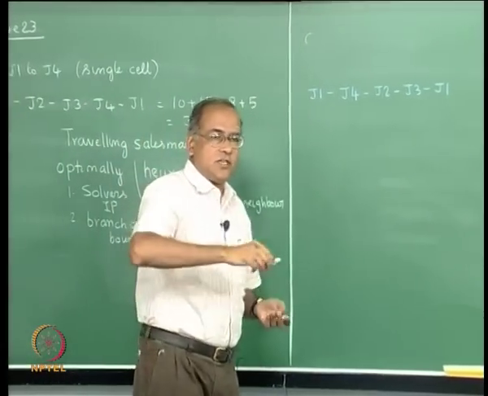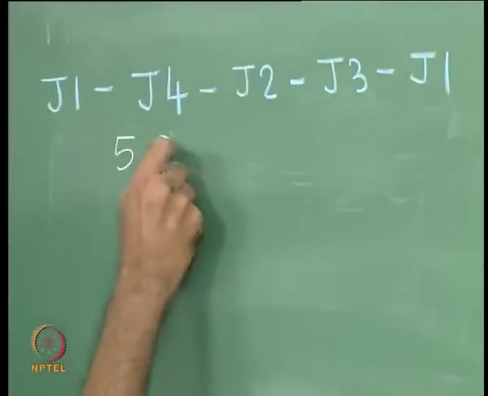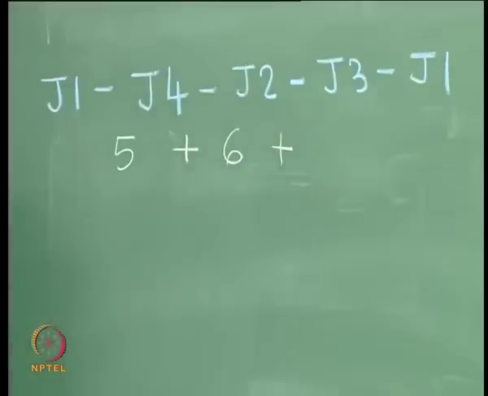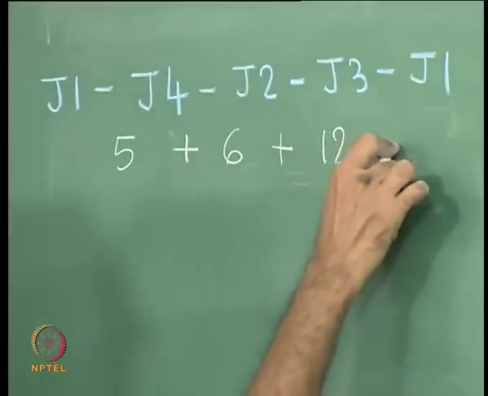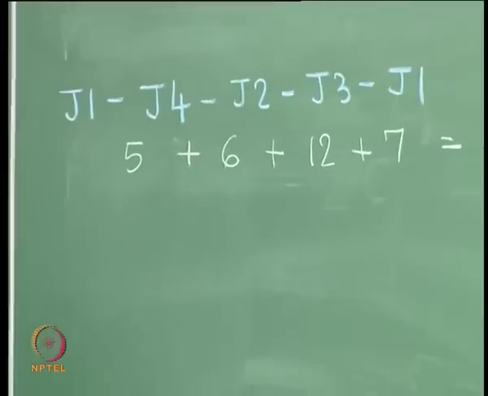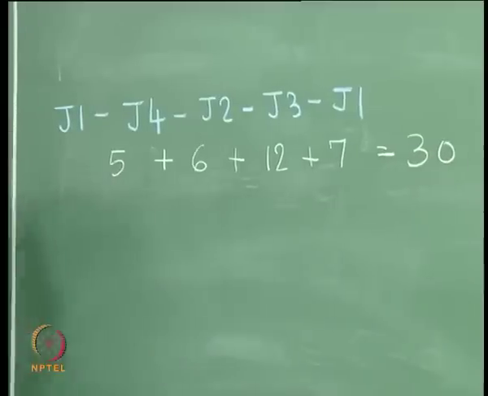So, the changeover times associated with this is J1 to J4 is 5, J4 to J2 is 6, J2 to J3 is 12, and J3 to J1 is 7. So, 5 plus 6 11, 11 plus 12 23, 23 plus 7 30.